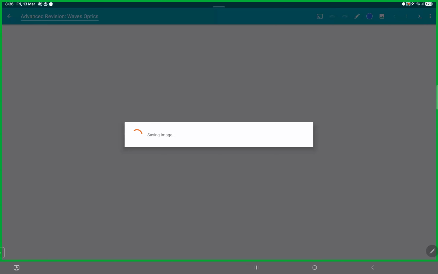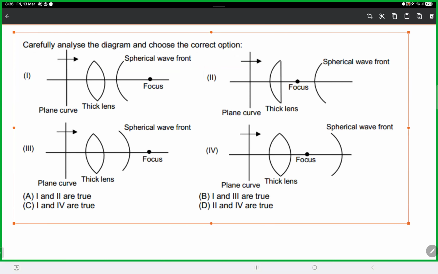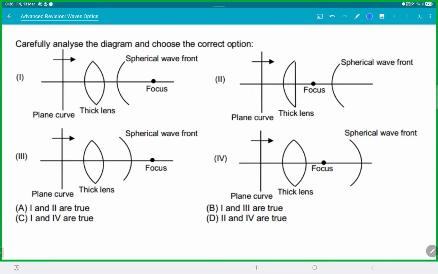Let's start off with this. I hope you guys remember we have done something similar in Mains ray optics also. Wavefronts.